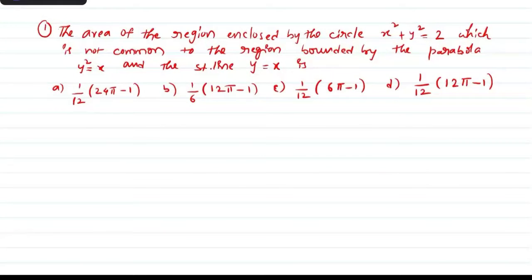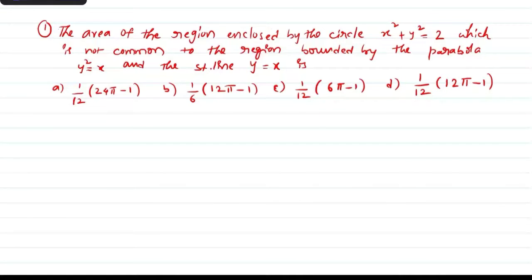Come to the first question. The question is: the area of the region enclosed by the circle x square plus y square is equal to 2, which is not common to the region bounded by the parabola y square is equal to x and the straight line y is equal to x.